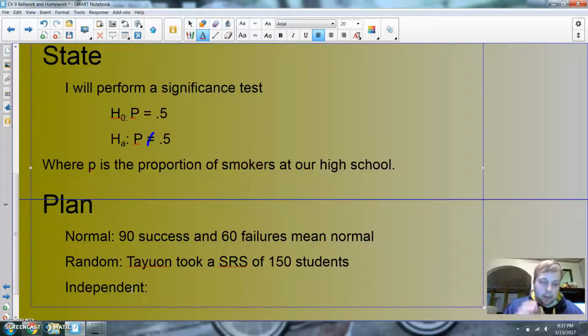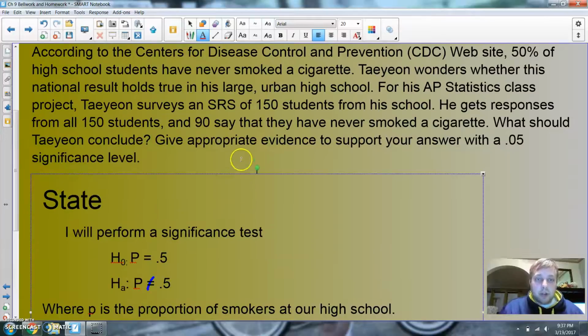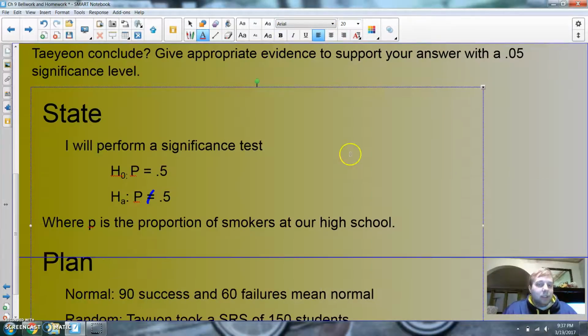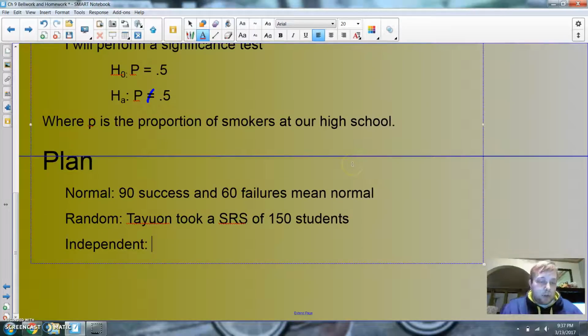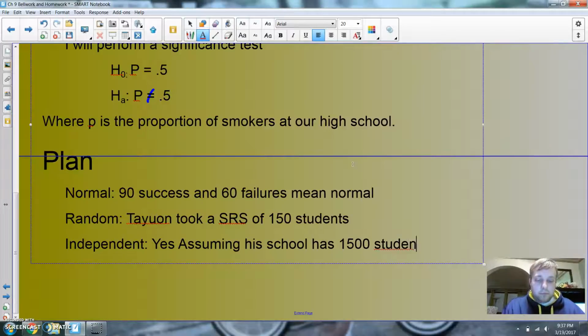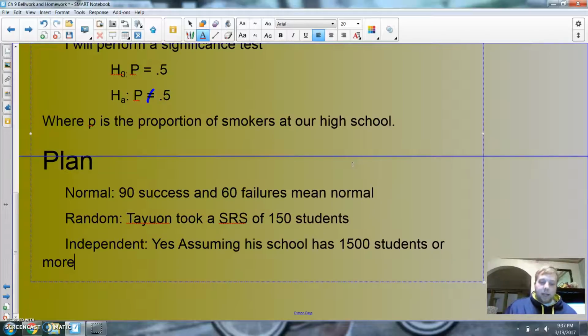Less than 10% of the population. So do I have less than 10% of the population? I took 150 from his school. I don't know how big his school is, so I'm going to say yes, assuming his school has 1,500 students or more. Cool. Next.